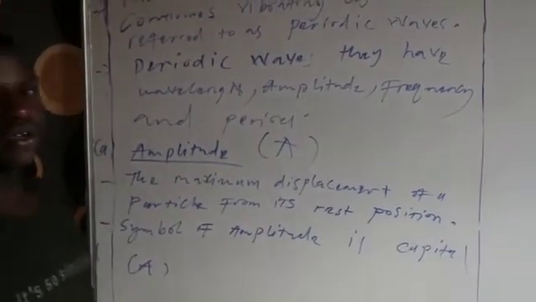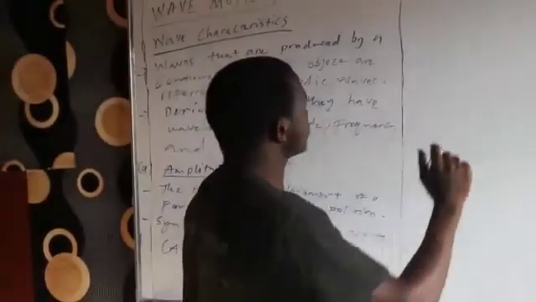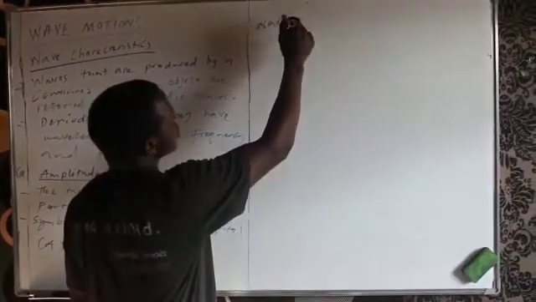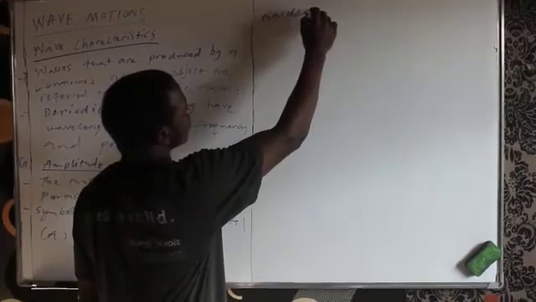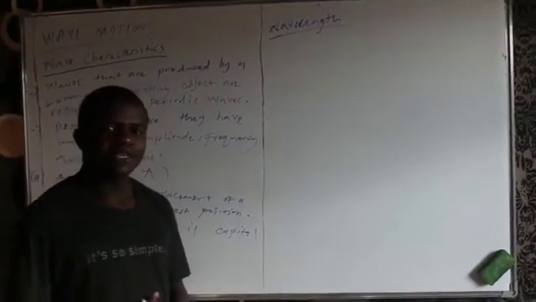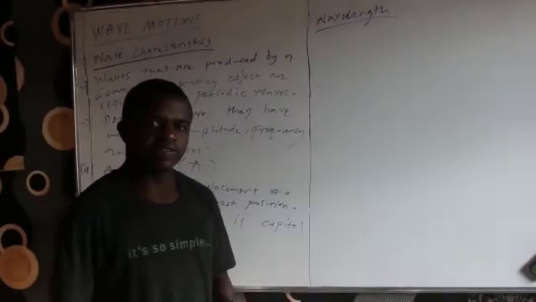We go to wavelength. So what's the definition of wavelength? Wavelength is defined as the minimum distance at which a wave repeats itself.